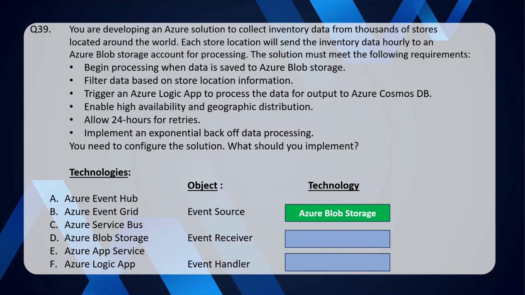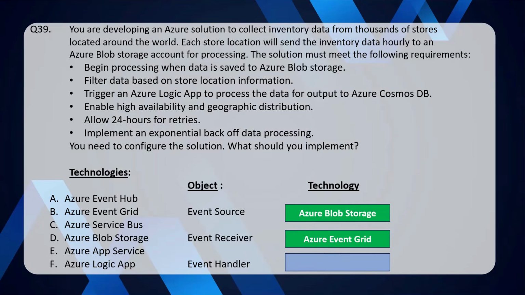You should make use of Azure Event Grid here, as it is designed to react to blob storage events in near real time. It's highly available, globally distributed, and supports retry with exponential backoff for up to 24 hours. Event Grid can also filter events based on metadata, for example, store location, before forwarding them.